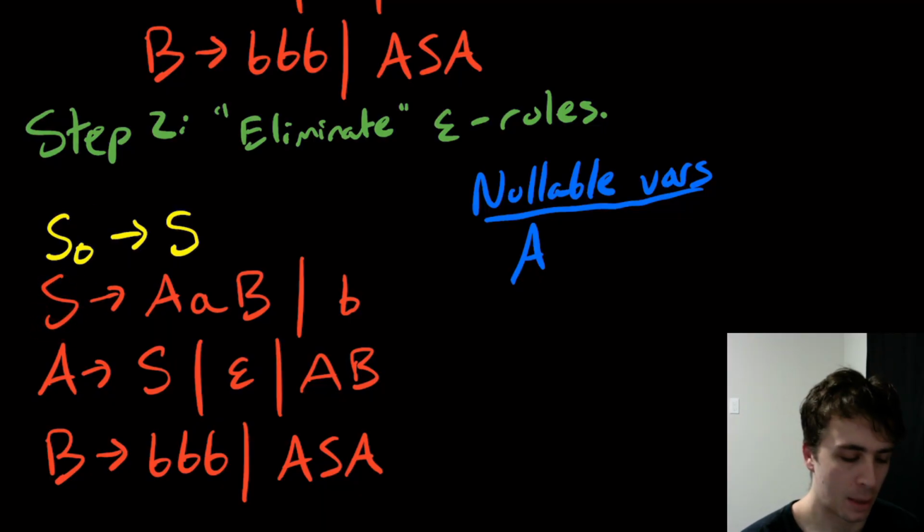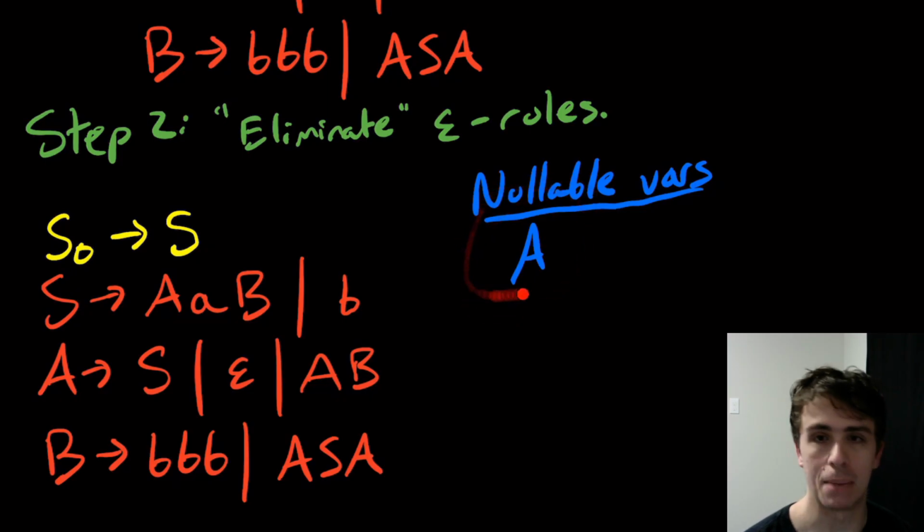And S0 is not nullable, or we can't immediately say that it's nullable because we haven't found S to be nullable yet. So we went through all of the other rules and found no new nullable variables. And so this is a complete list now. B is not nullable, S is not nullable, S0 is not nullable. The only one that's nullable is A.